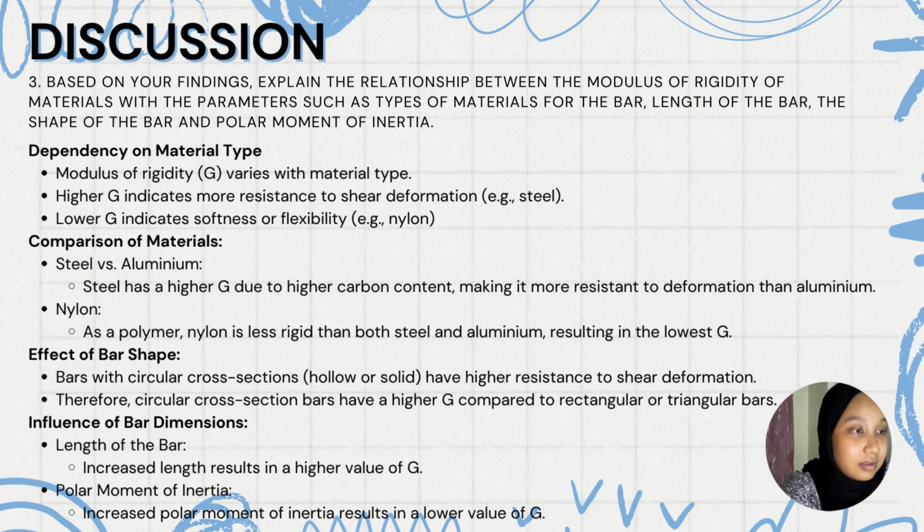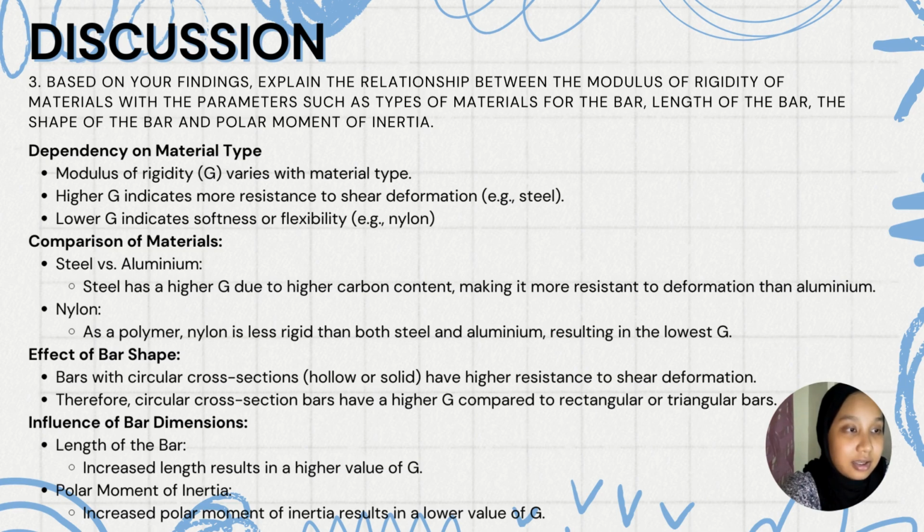And then for the comparison of material, we compare steel and aluminium. Steel has a higher G due to the higher carbon content, making it more resistant to deformation compared to aluminium.